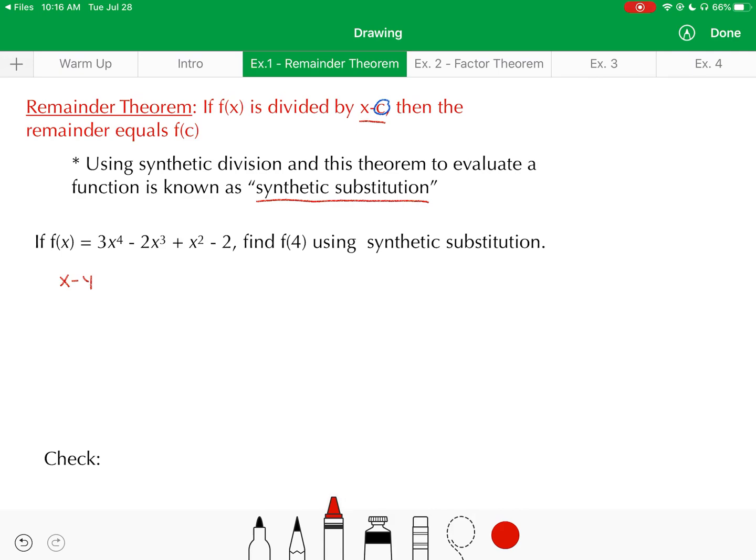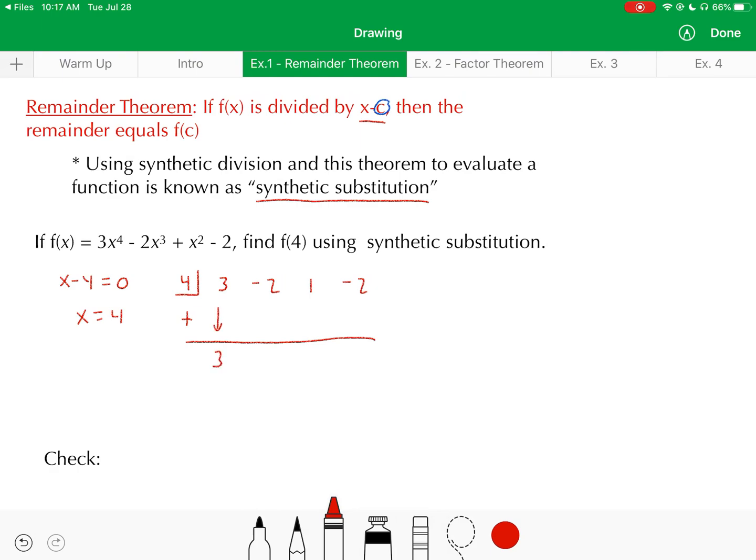If I'm dividing by x minus 4 and using synthetic division, you need to set that equal to 0 and solve for x, which in this case is 4, and 4 would be the number that you put in your box, right? So now you write out your coefficients from the function, plus sign, line, and then you start your process, okay?